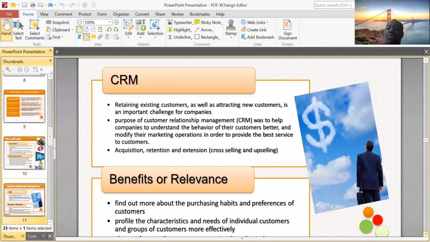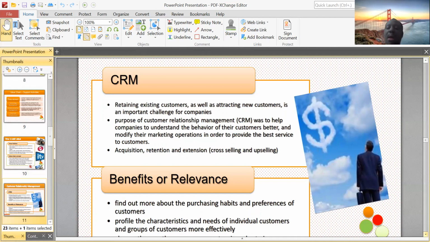So for example, cross-selling: let's say you go to LG to buy electronic equipment, and you bought a TV first. In cross-selling, what LG seeks to do is, since you bought a TV, they'll want you to buy a fridge. That's cross-selling. They'll be able to sell you another product of theirs.